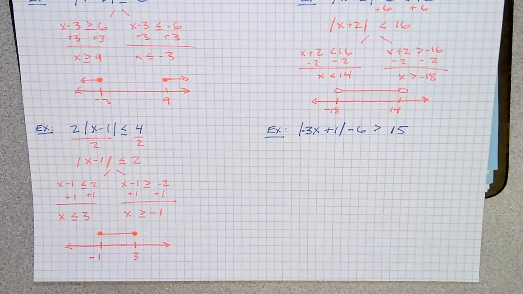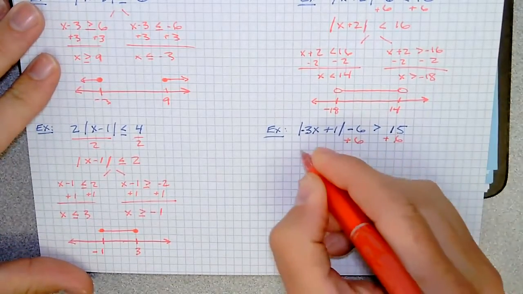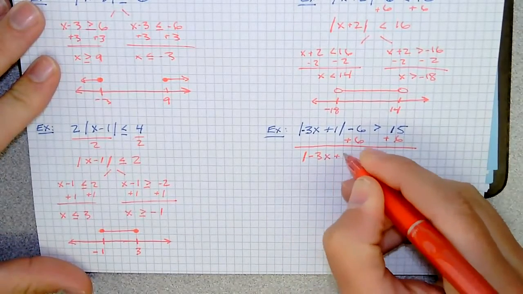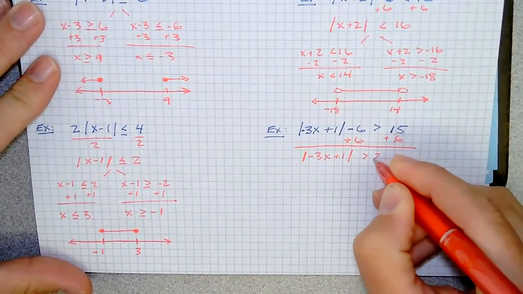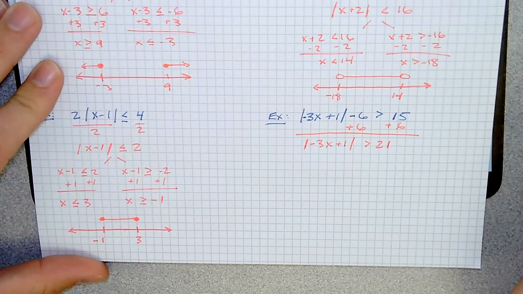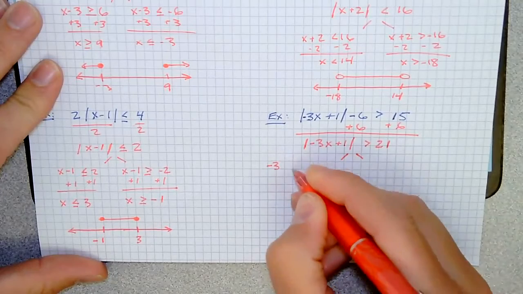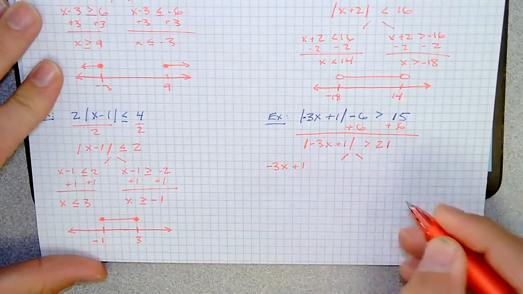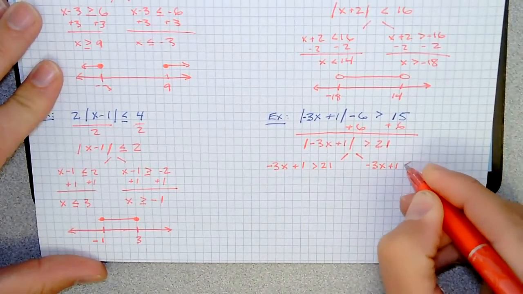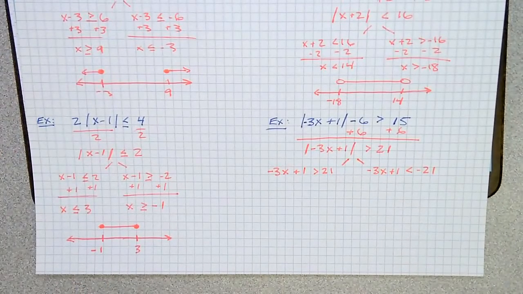All right, last one. Okay, a little tricky here. Got to add 6 first. So now I have the absolute value of negative 3x plus 1 is greater than 21. So I write my two inequalities. Negative 3x plus 1 is greater than 21.